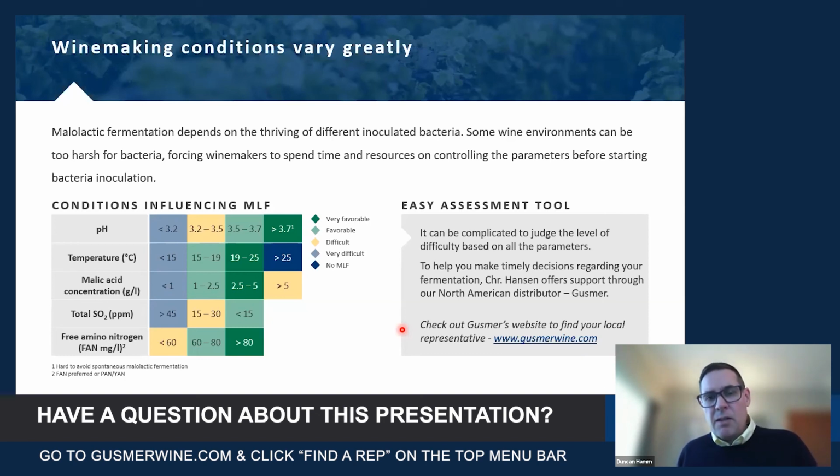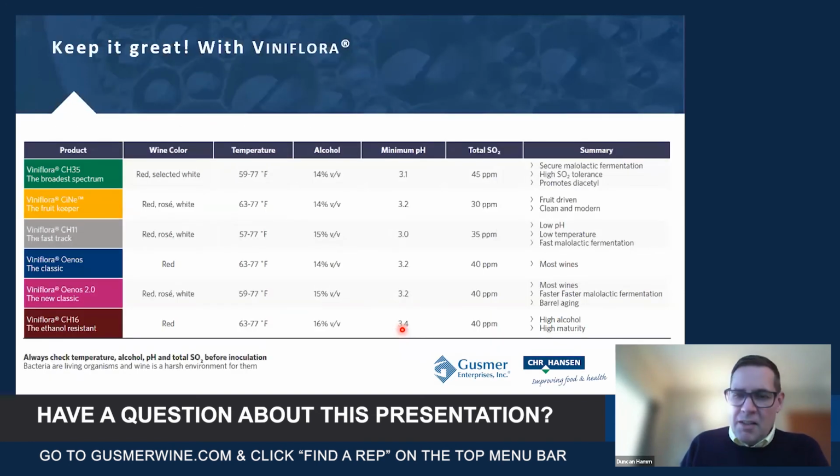However, in Gusmer, you have an extremely capable and knowledgeable resource. So if you do have questions about what strain to use, we would highly recommend talking to your local Gusmer rep and taking their advice. So this is my last slide, and I'm not going to talk through all of this.